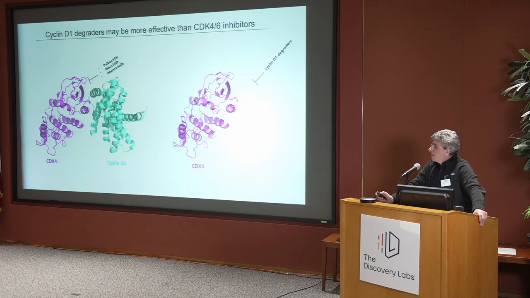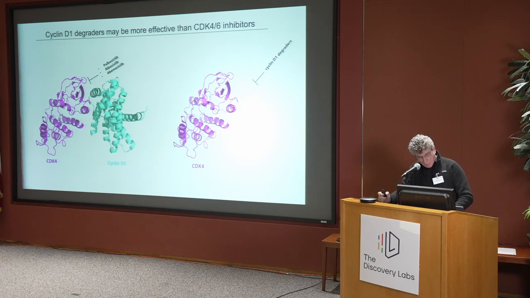And this suggests that perhaps cyclin D1 degraders could be more effective than CDK4/6 inhibitors, because with these, you only block the activity, and therefore the effect of cyclin D1 on cell cycle progression, while with a degrader, you will remove the protein, but you will also remove the effect of cyclin D1 on genome instability.